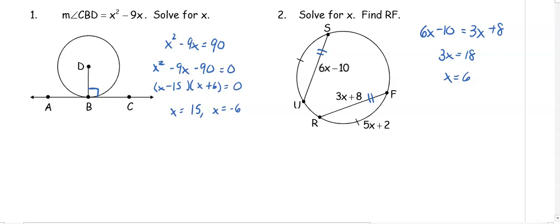Then we want to find RF. Well, there's two RFs. There's this segment, and there's the arc. If we have it like this, we are just talking about the segment. So to find RF, we would have 3 times 6 plus 8. 3 times 6 is 18, plus 8 gets us 26.